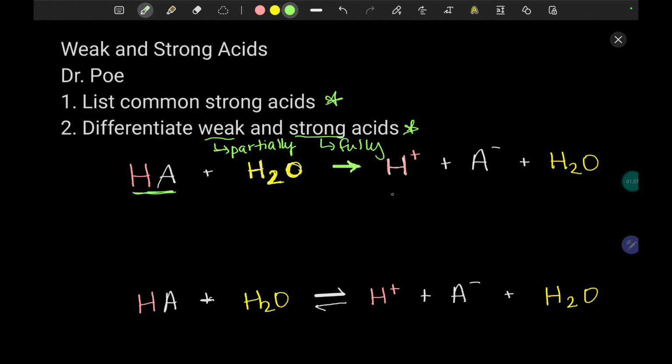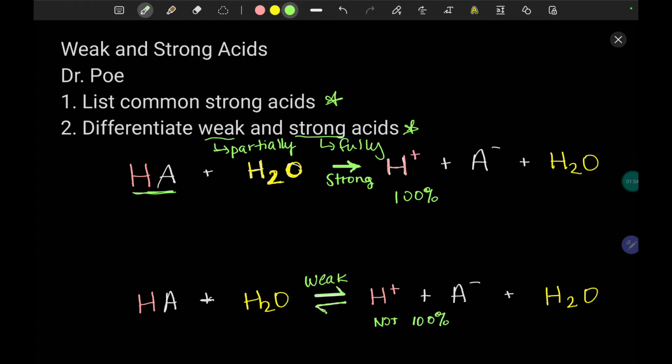That means that after this hits water, 100% is going to be on the product side of the reaction. So this is going to be a strong acid. The weak acid is going to waffle. It's going to go back and forth. So we're going to have an arrow going to the product side, but some of it's going to go back to the reactant side. So this is not going to be 100%.